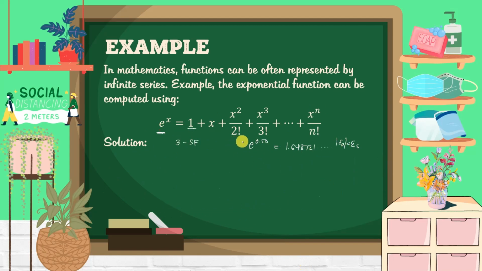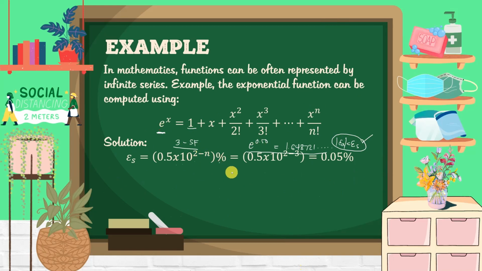Before solving the problem, the givens are the true value of e raised to 0.5, and we're going to confirm up to 3 significant figures. What would be the true and approximate percent relative errors? First, we need to find the value of our pre-specified acceptable error criterion, epsilon S. From the equation, epsilon S equals 0.5 times 10 raised to 2 minus n in percent.